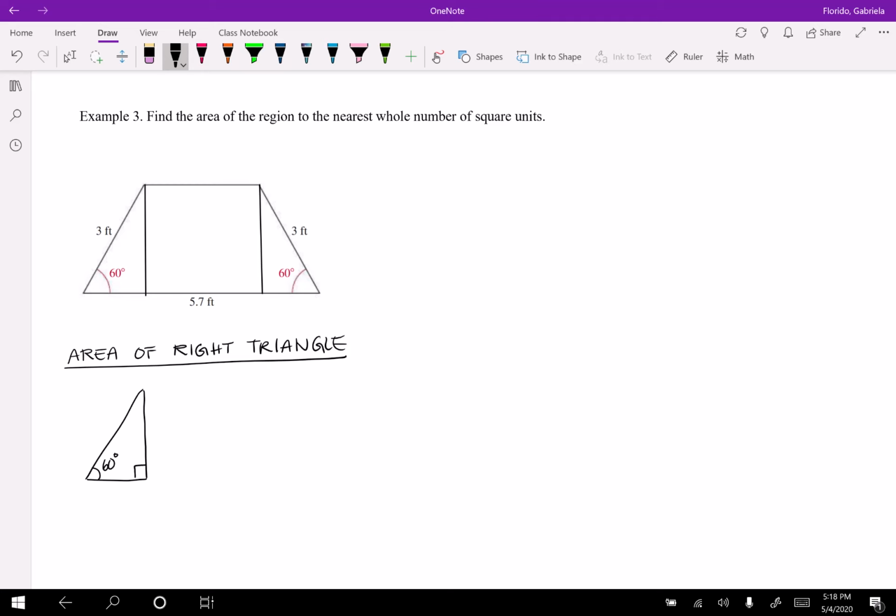It's 90 degrees. So notice that if this is 90 degrees and this is 60, then this has to be 30. And this length here is 3. And so let's use a little bit of our trig to find the other side. So let's find the height here. And I'm going to call this base 1, so B sub 1.